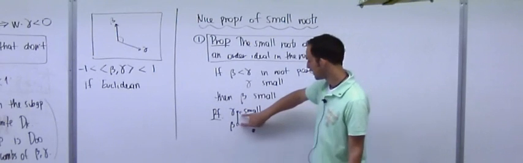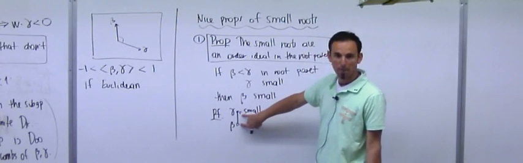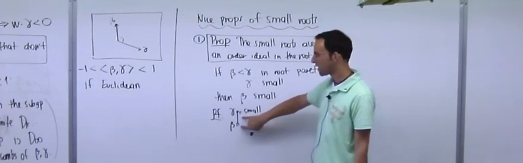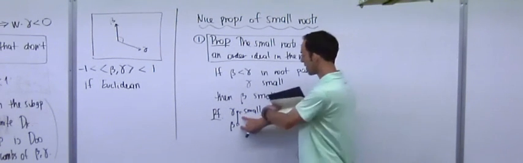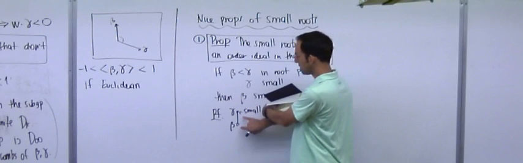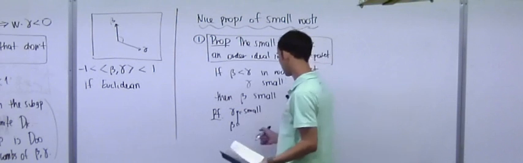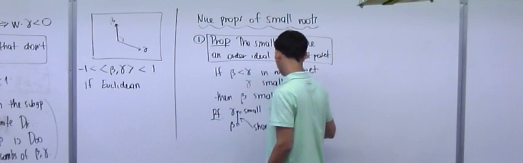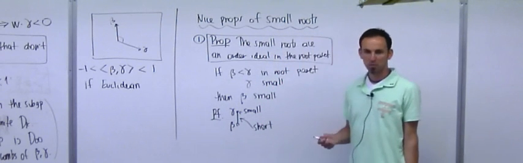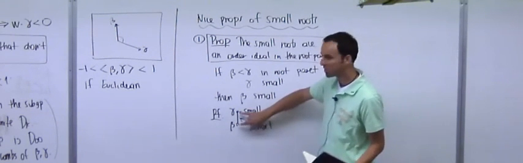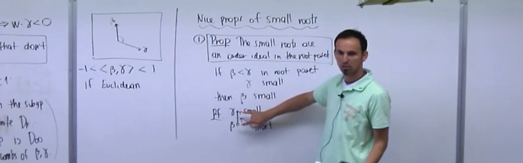Now, is this a short edge or a long edge? Well, if you remember, we showed last time that if you have a long edge, then the top guy is not small. That means that this is a short edge. And then if you remember, we also proved that smallness is just propagated up and down short edges.